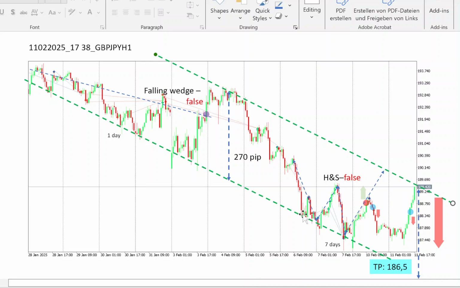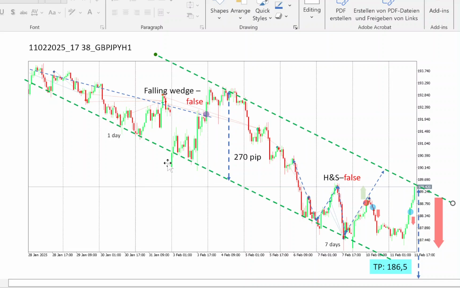Then it was hitting two times a lower low, which corresponded to the lower line of the channel. So here we could have expected a short reversal.